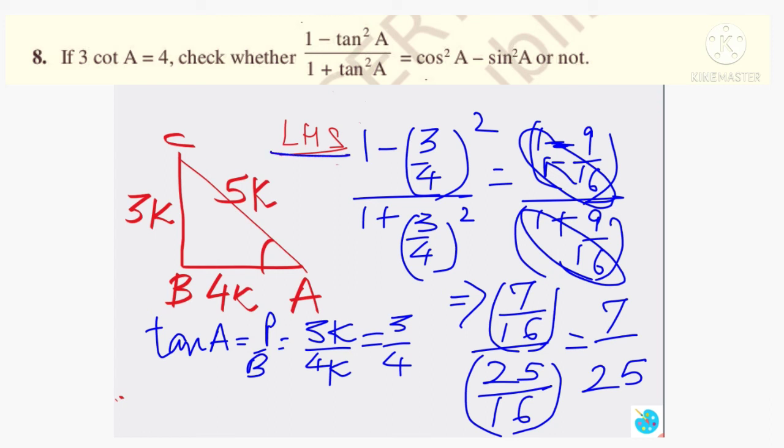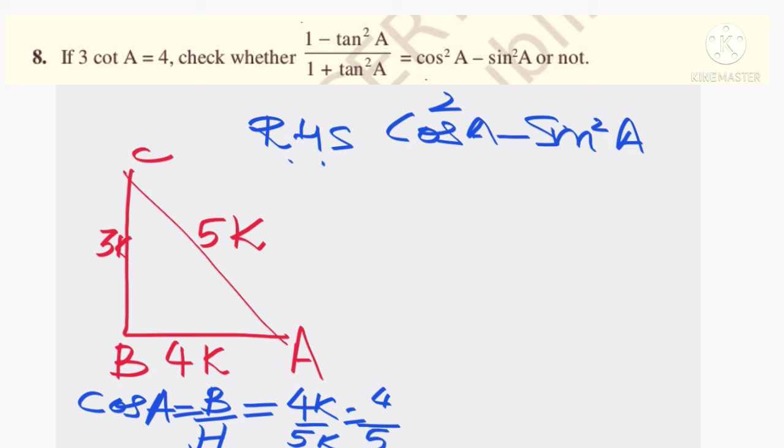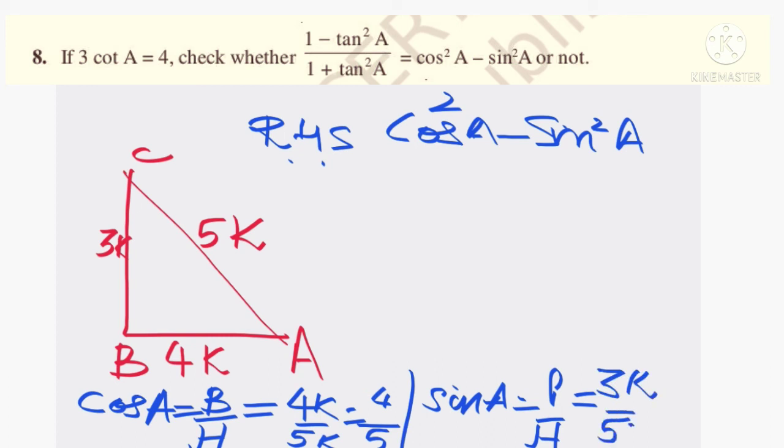Now let us go on to RHS. RHS is cos square A minus sin square A. So let us write down the value of cos A. Formula is base upon hypotenuse, which gives me 4k by 5k, or 4 by 5 is the value for cos A. Let us write down the value of sin A. Sin A is P upon H. This gives me 3k by 5k, k gets cancelled and I am left with 3 by 5. Now let's put in the values.